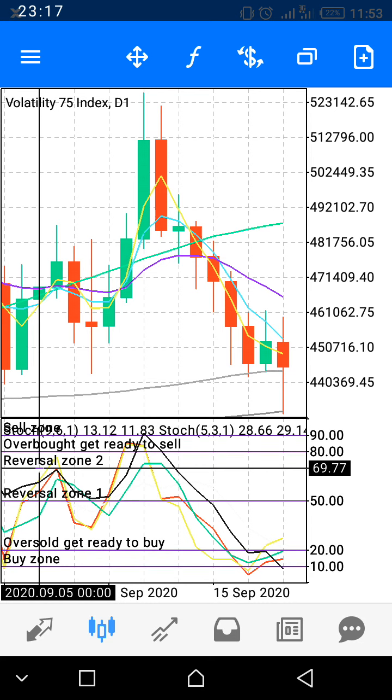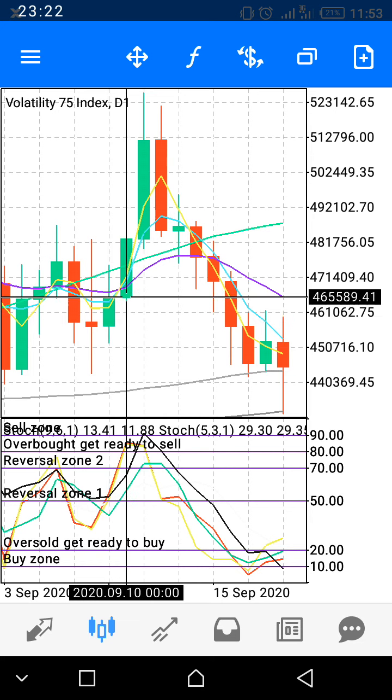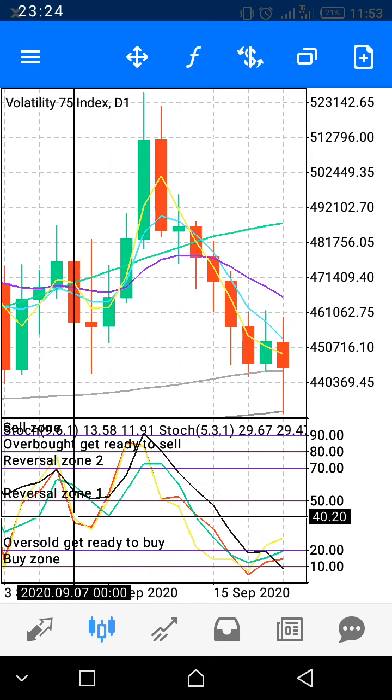Now look at it, it has been buying since from this point. It has been buying day 1, day 2, day 3, and it continues to buy.